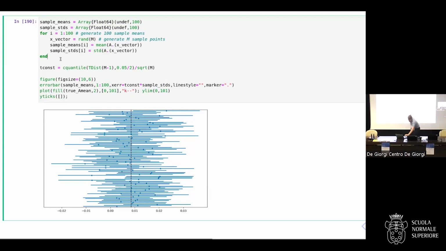So just to explain, we take an X vector. We generate a bunch of sample points. We take the sample mean, and then we also take the sample standard deviation, which is the square root of the sample variance.